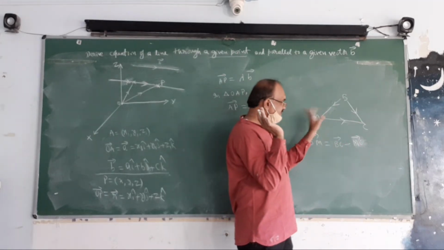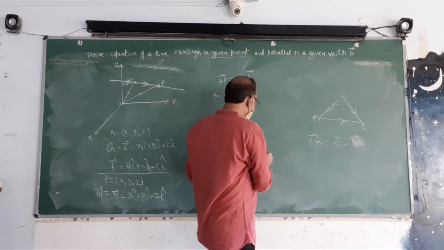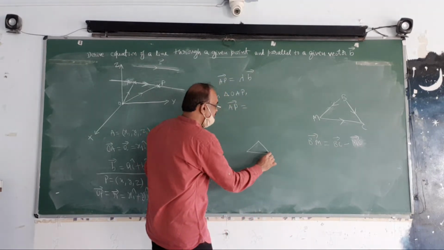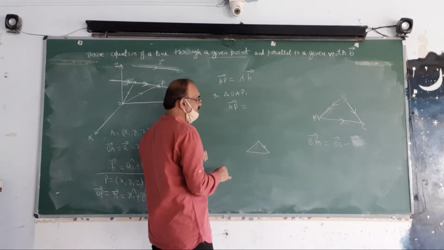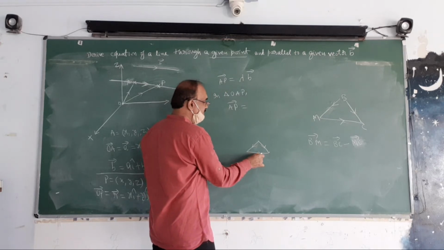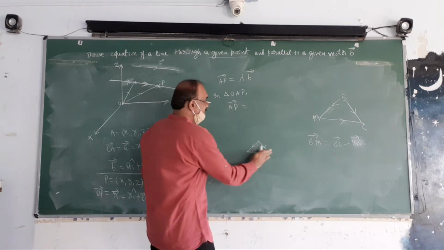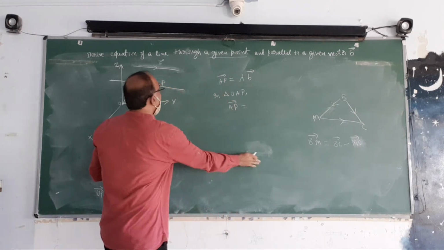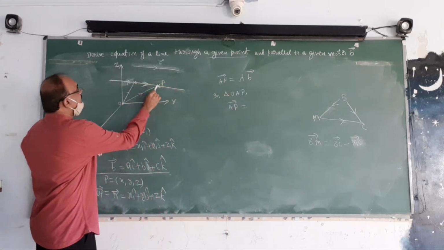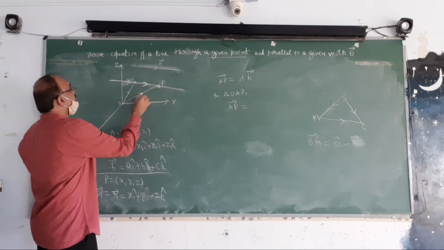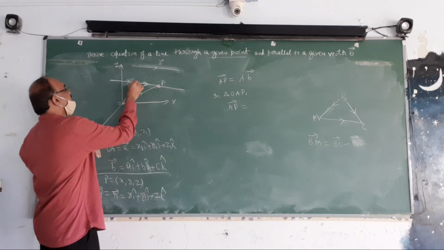Okay, so this is the triangular rule. Basically, whenever you take a triangle, suppose I want this one, the other two things must be opposite to this. Like this it should come. So here what you wanted is AP. You wanted these two things opposite. Here you know OA.